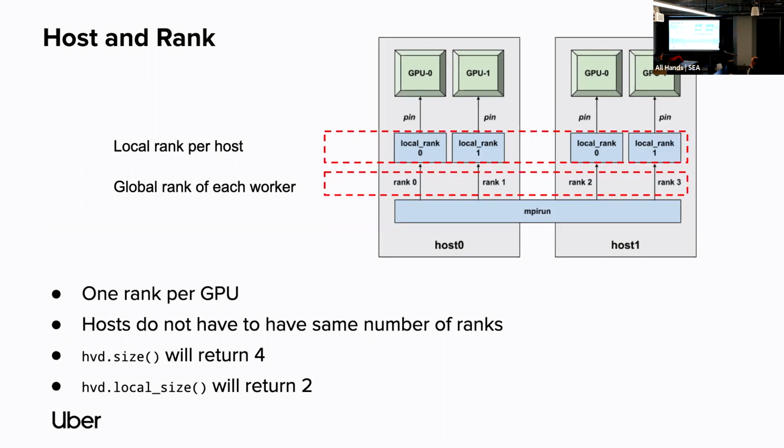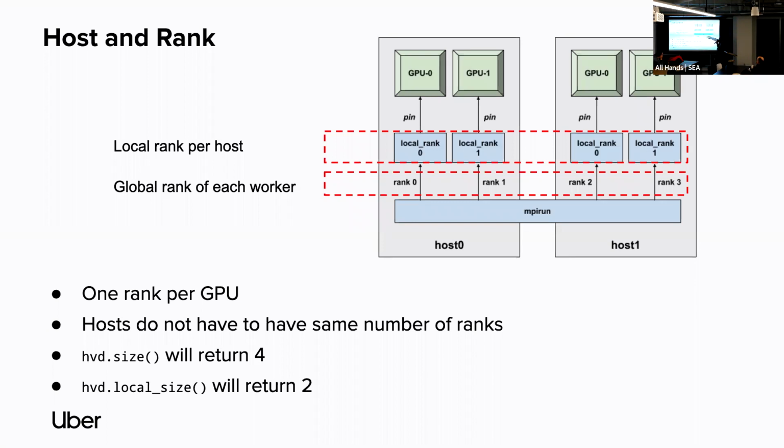This comes from high performance computing terminology. Basically in a Horovod job, in this case 2 hosts with each host having 2 GPUs, there are in total four workers, right? Each worker, or each training process, is assigned to 1 GPU.